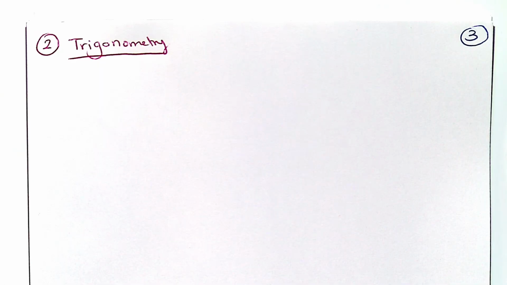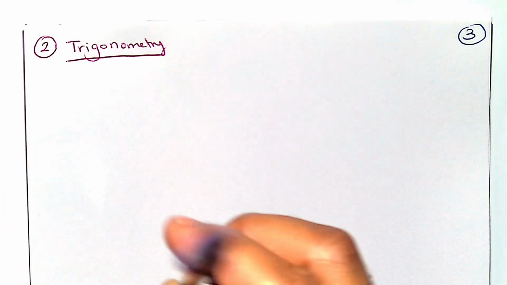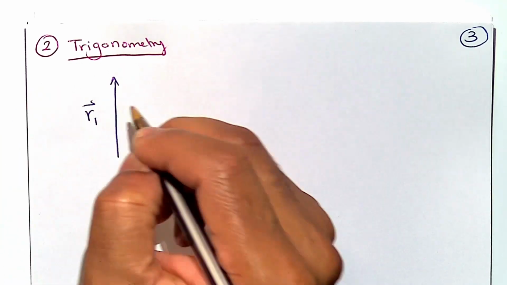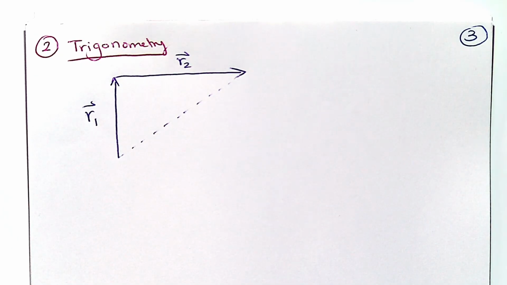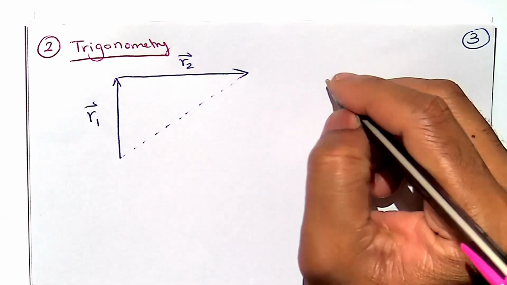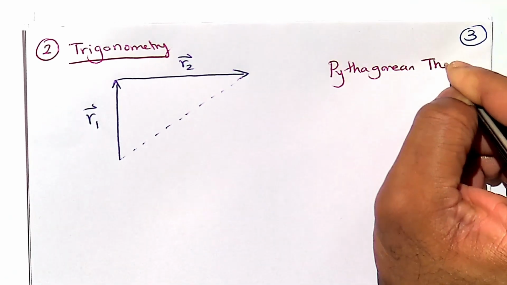But let's make it a little bit more quantitative. The other way to do it is using a little bit of trigonometry. It seems a little bit similar to the graphical way of adding vectors. Again, we have the two vectors here, and what we're trying to do is find this part of this triangle. And if you notice, this is a right triangle. We'll review from your math class, the Pythagorean theorem can be used.